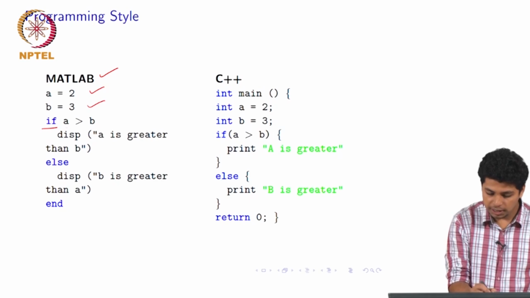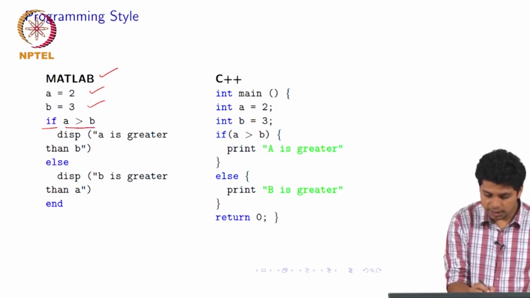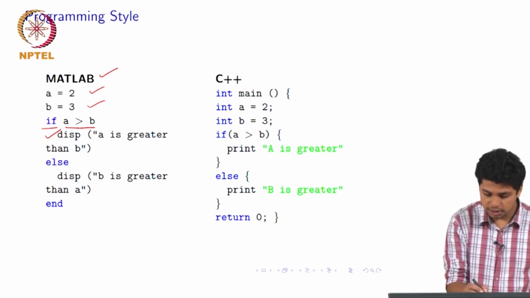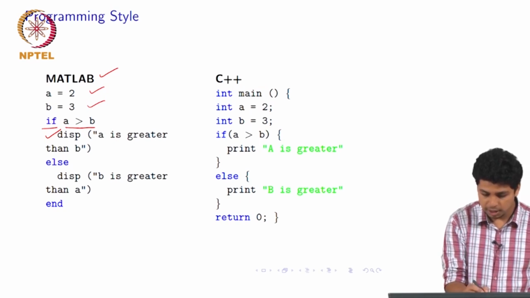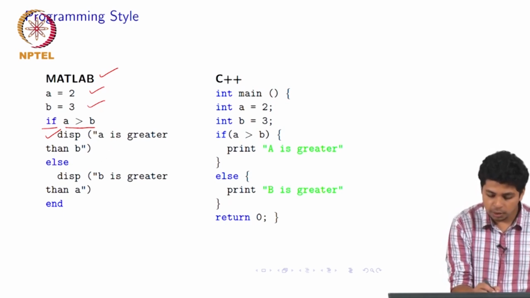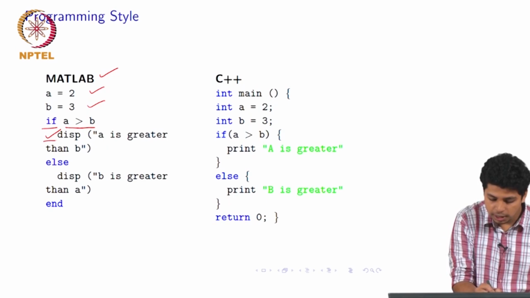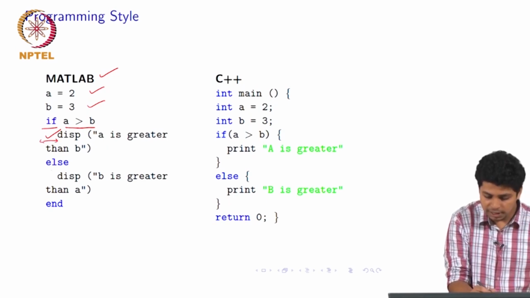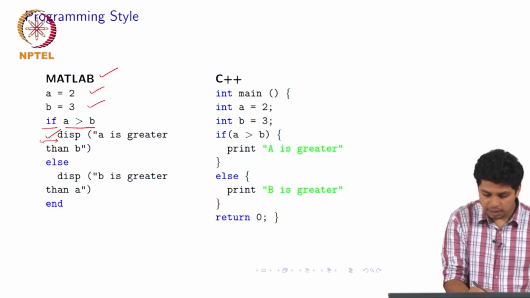If A is greater than B, then it will display that A is greater than B. Now this is the syntax for displaying: disp is the function, and you put a bracket and an inverted comma, and you put whatever text you want to be displayed in that. Now you can see that there is a space here. This is what I mean by indentation. And then there is an else statement, then you just display that B is greater than A, and you end it.